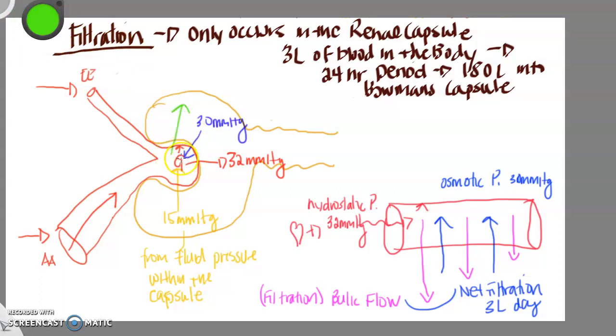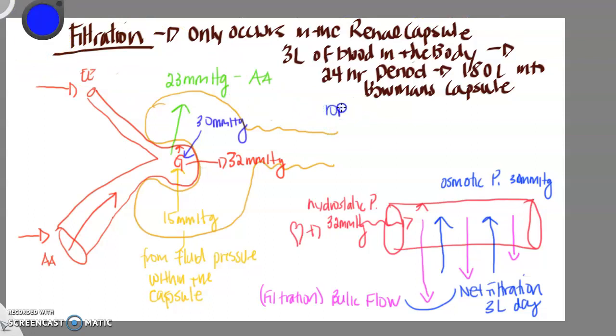And that amount, which is going into the capsule, ends up being about 23 millimeters of mercury. And that's from the afferent arteriole being larger. So adding all of this together, we end up with about 10 millimeters of mercury.